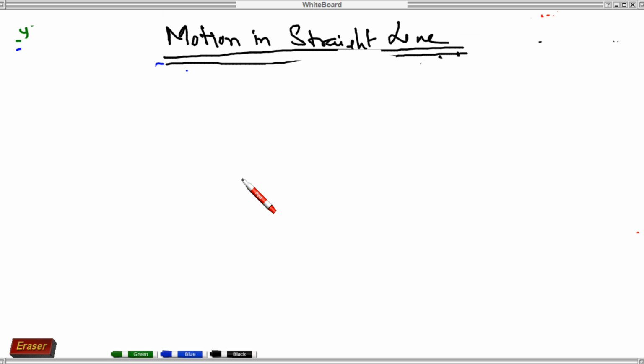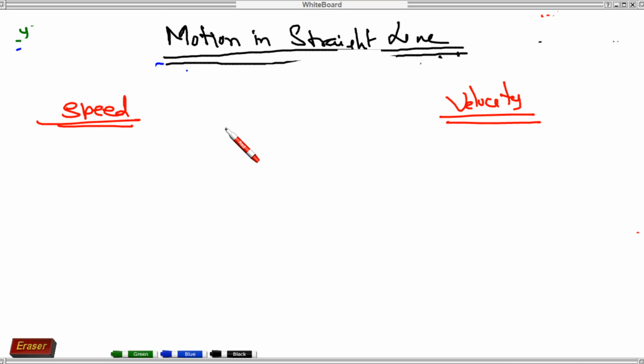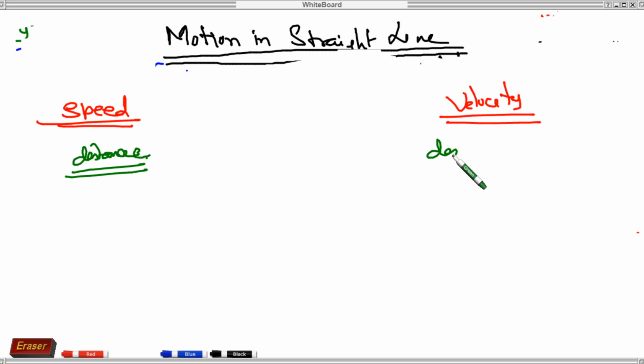Now I will be discussing speed and velocity. In the case of speed, we will be considering the distance. Here we will be considering the displacement.